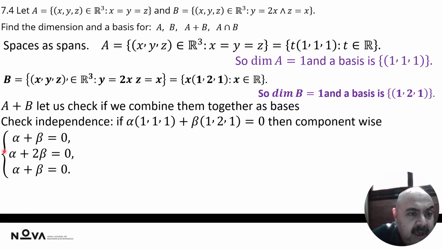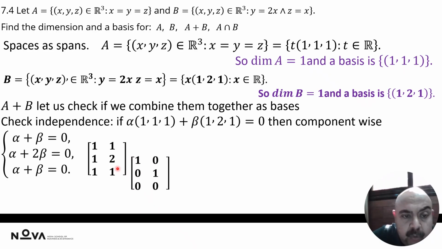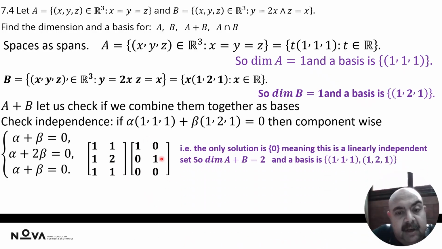Now, let's check A plus B. I will stack them together in one system, as we did previously, and I will try to solve for finding alpha and beta. If we do so, we will reach a unique solution, which means they are a linearly independent set of vectors, so A plus B will be the first vector plus the second vector, and the dimension is 2.